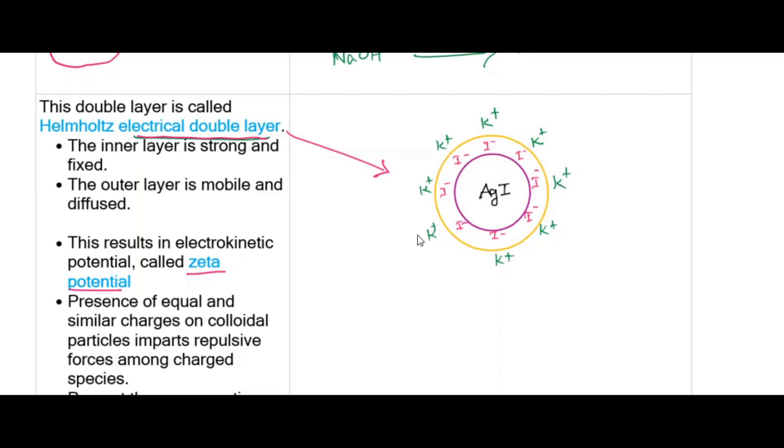It is diffusing, not so strong, and it moves here and there. Such a difference gives rise to a potential difference, and that potential is called the electrokinetic potential, known as zeta potential. So it is a very famous theory, the zeta potential, the electrical double layer.